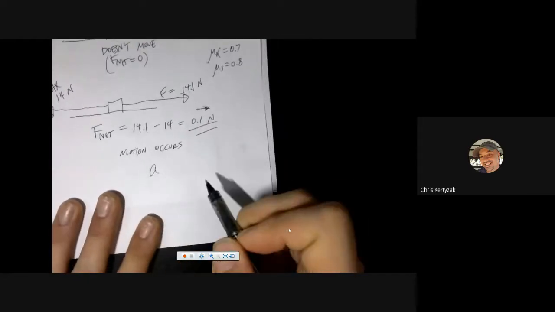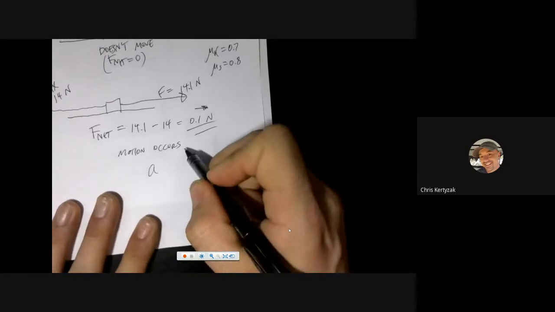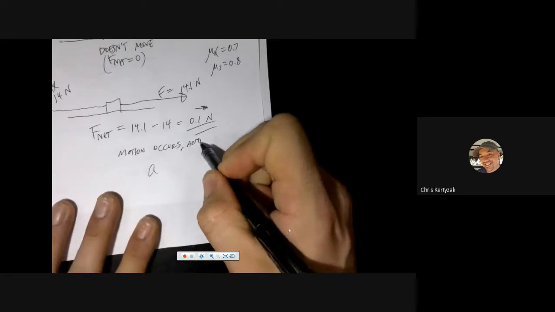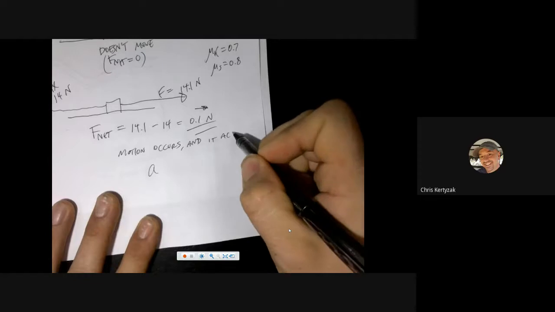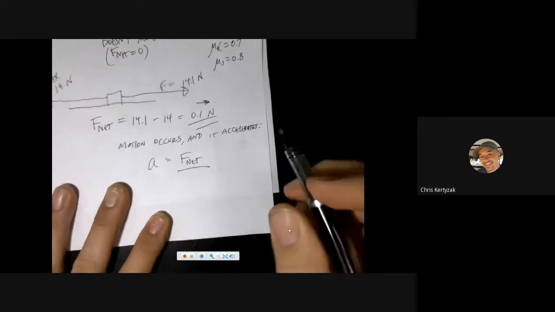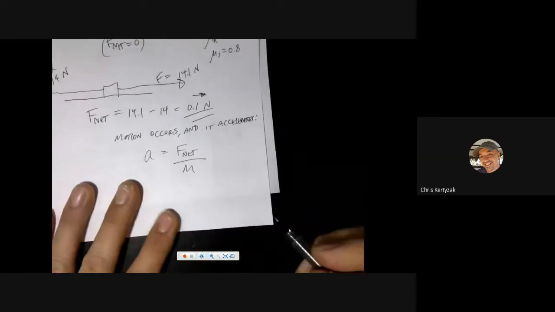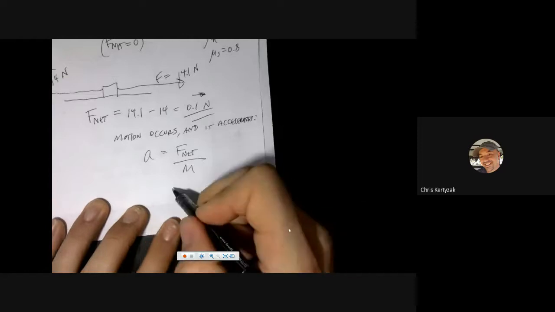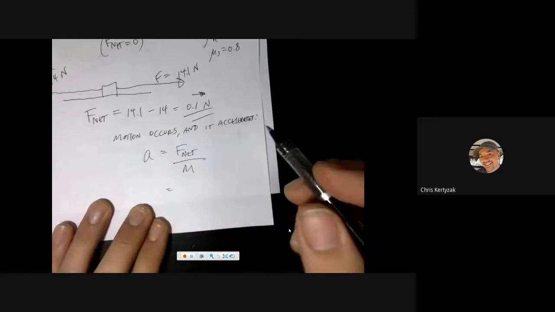I will point out the acceleration, if they asked about it: motion occurs and it accelerates, with an acceleration equal to F net over m. What would the net force be?